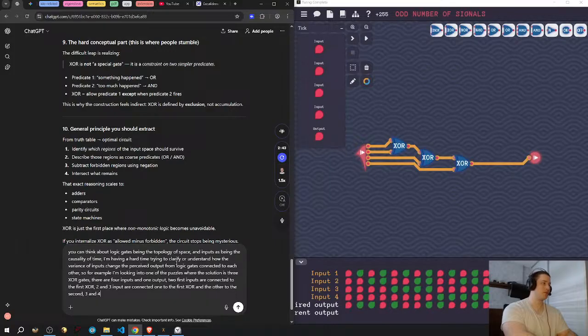Third and fourth inputs are connected, one to the second and the fourth to the third.